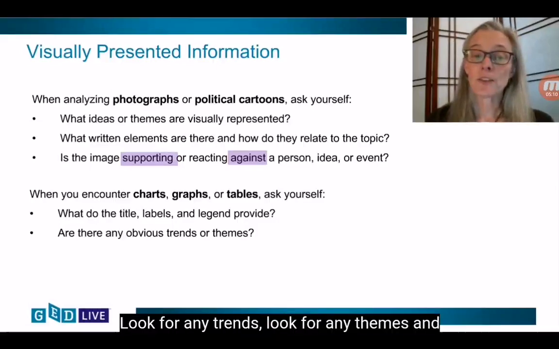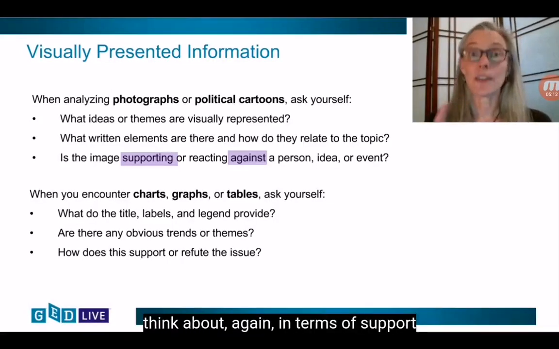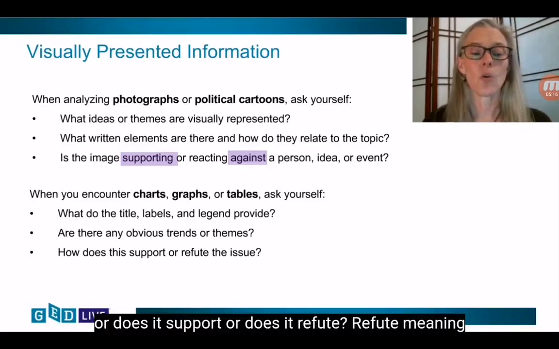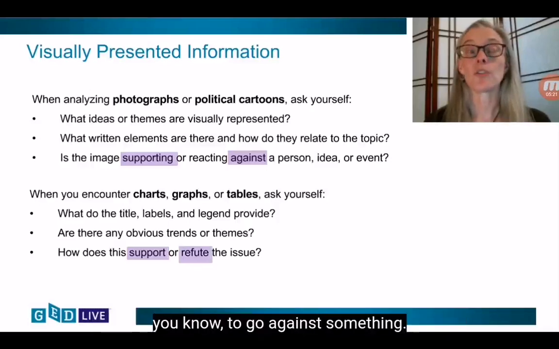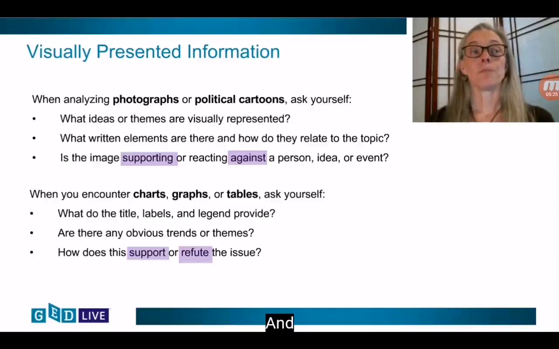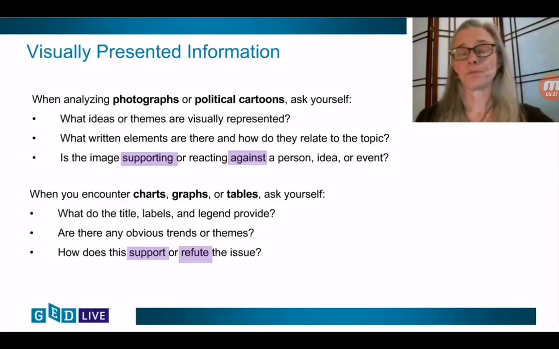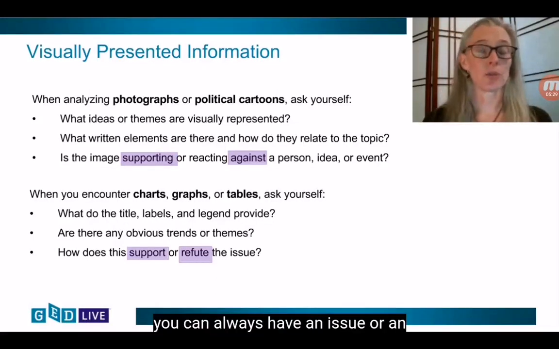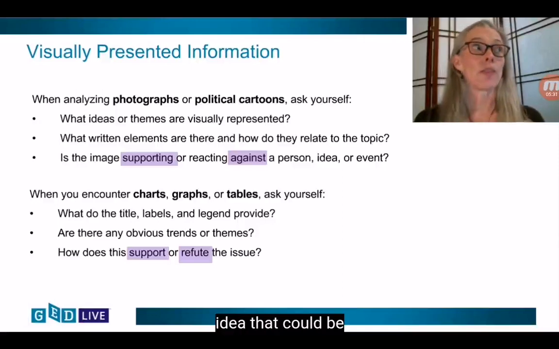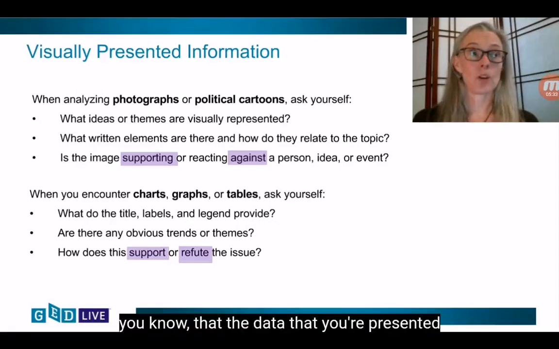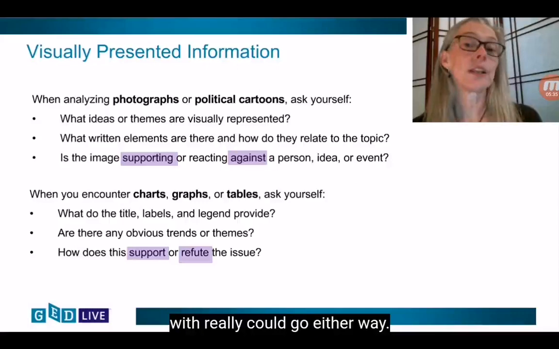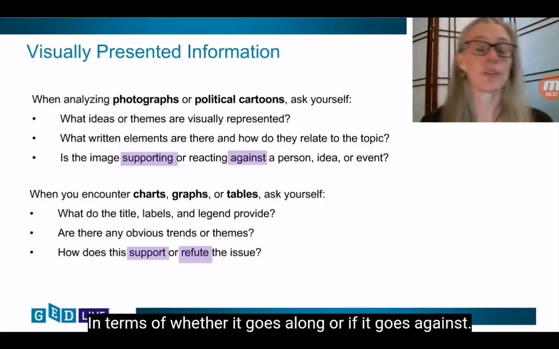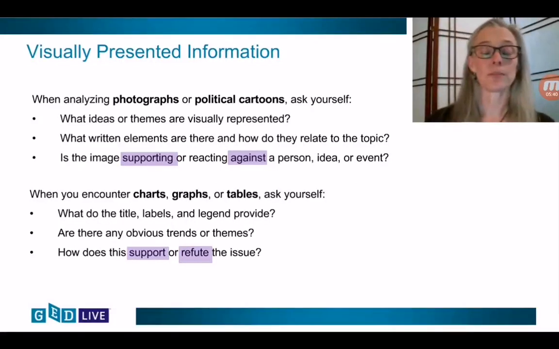Look for any trends, look for any themes, and think about whether it supports or refutes, refute meaning to go against something. The data you're presented with really could go either way.